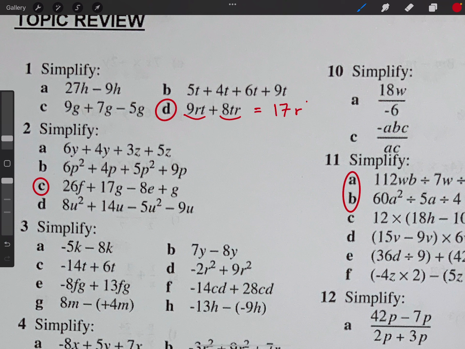So that's going to give you, what's plus 17 plus 1? So positive 17 plus 1 is 18. So the first one is 26F, we'll leave it there, plus 18G. And then we have the minus 8e, and that's minus 8e. And they're all different. One has F, one has G, one has E, so they're all different. They're not like terms, so we'll leave the answer as it is.